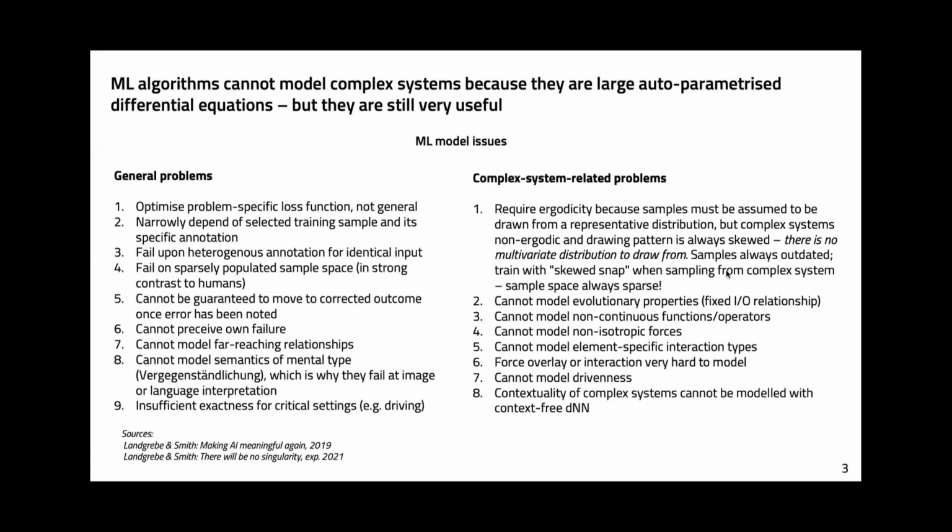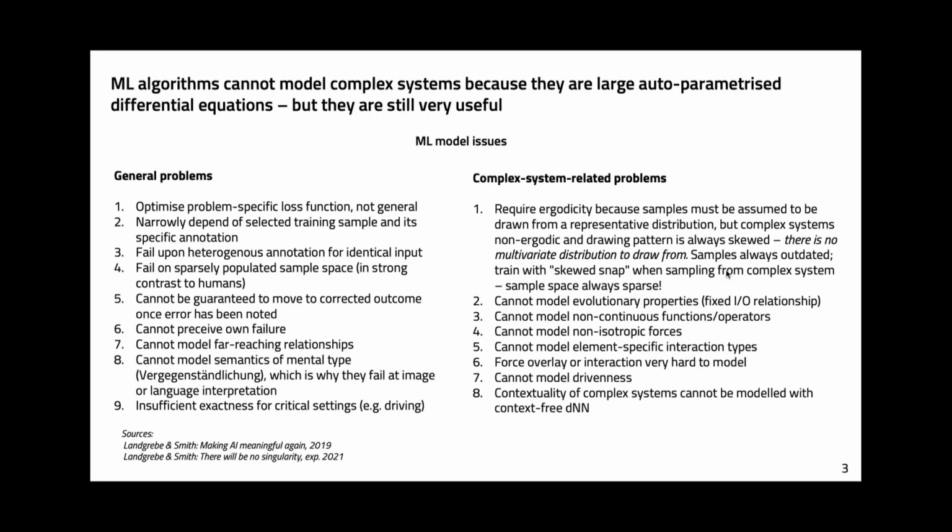And so we cannot model how the kinetic energy of the water distributes into the reservoir. And also, context-free machine learning models cannot model contextuality, because complex systems are always contextual, but machine learning models are always context-free.